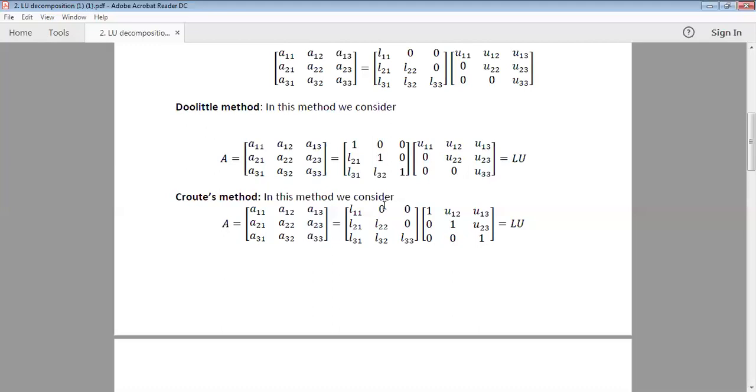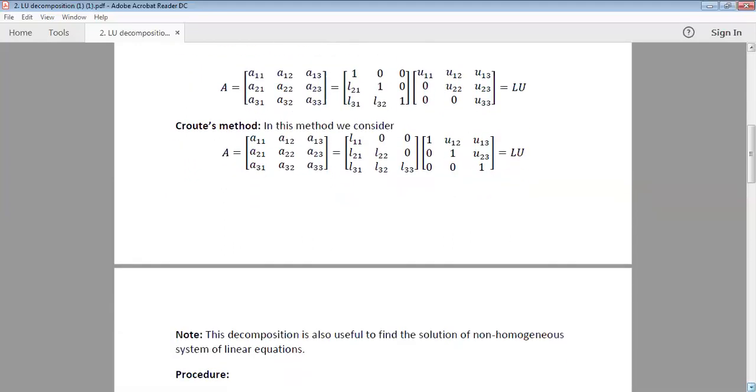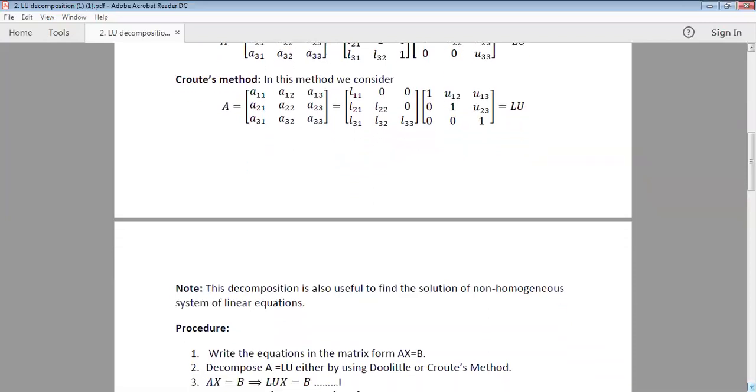So in Crout's method, A equals LU only, but in the upper triangular matrix, we take all diagonal elements as 1. If we take all diagonal elements as 1 in the lower triangular matrix, that is the Doolittle method. So in Crout's method, we take all diagonal elements as 1 in the upper triangular matrix. So this is simply about factorization of a square matrix.